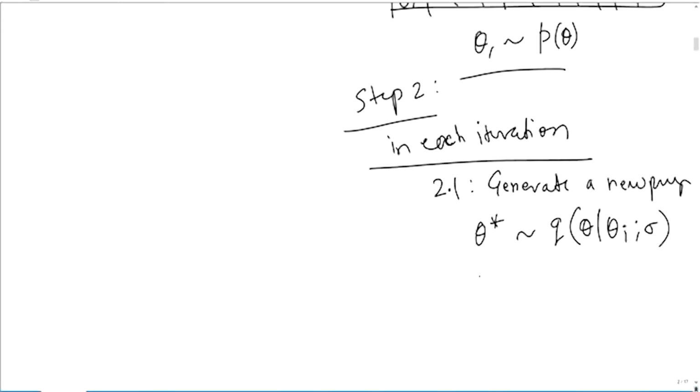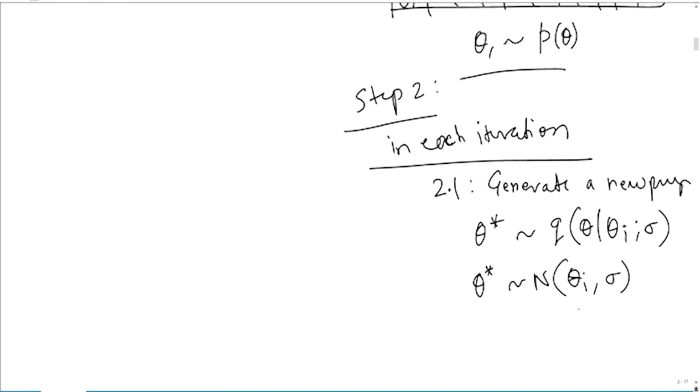For example, say my proposal density is a normal density with mean theta i and standard deviation sigma. So why does sigma matter here?